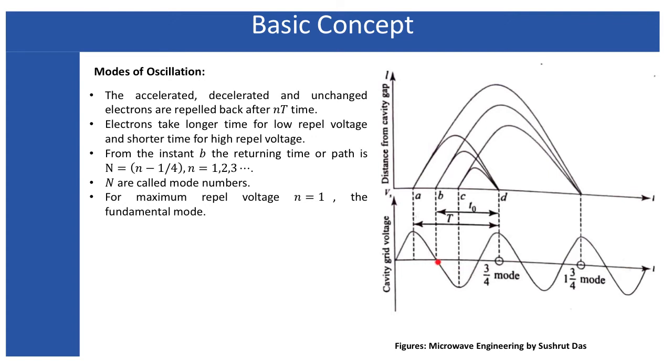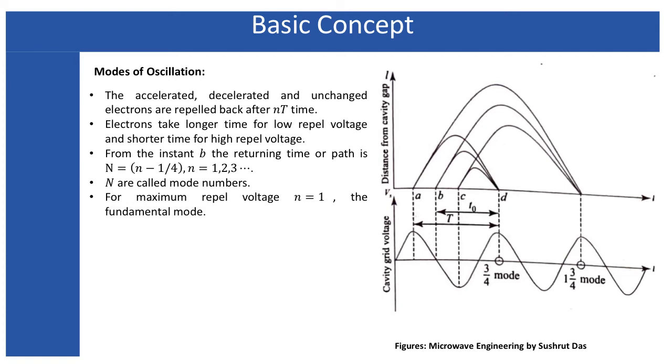So if you start from here, this will be the third section out of the four, because 1 2 3 4, so this will be the third section if you consider with respect to this one. So this will be one period with respect to this one, and this will be another 7/4 mode.